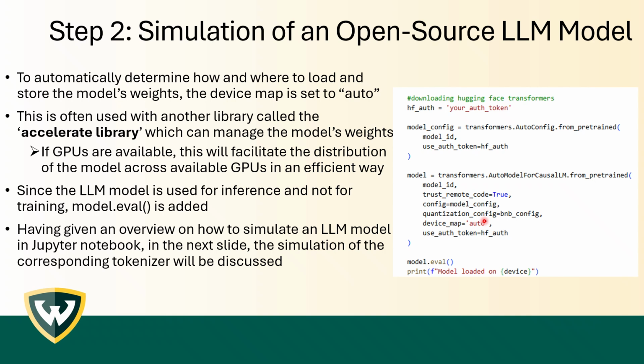Since the LLM model in this case is used for inference and not for training, we need to add the following code, which is model.eval. Having given an overview on how to simulate an LLM model in Jupyter Notebook, in the next slide, the simulation of the corresponding tokenizer will be discussed.